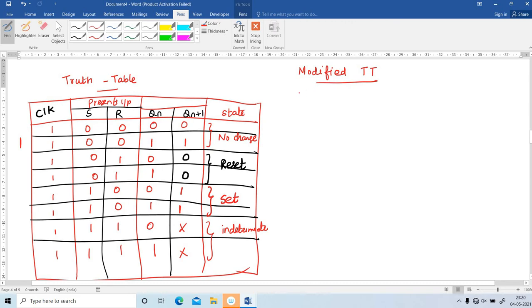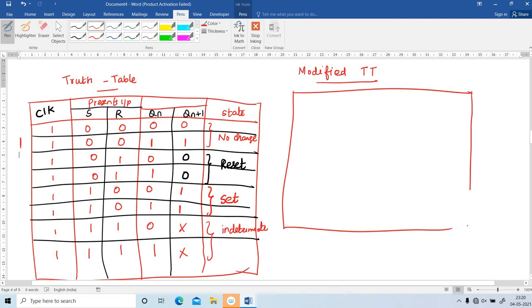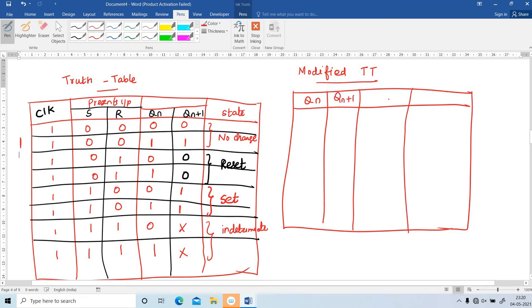To draw it, I am going to take the first column as Qn, second Qn plus 1, third S, and fourth column R.